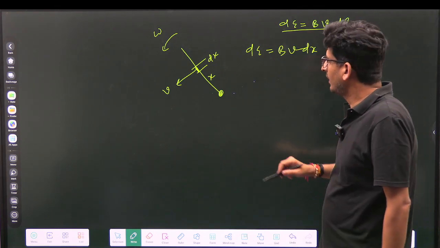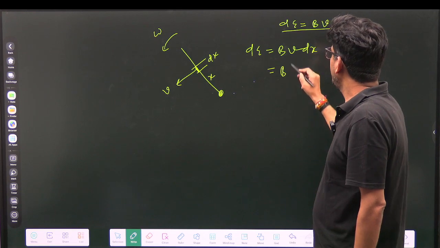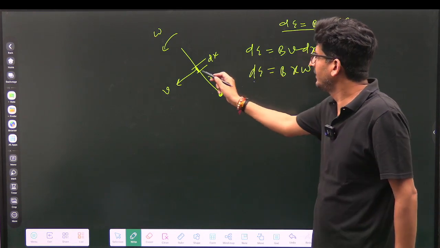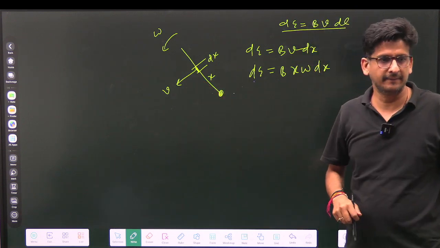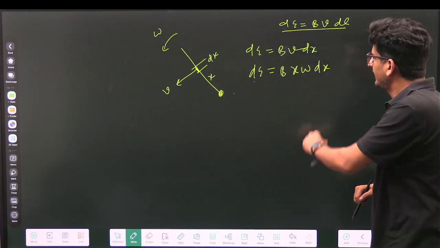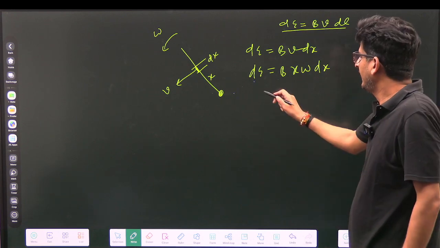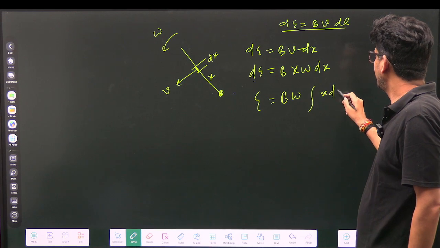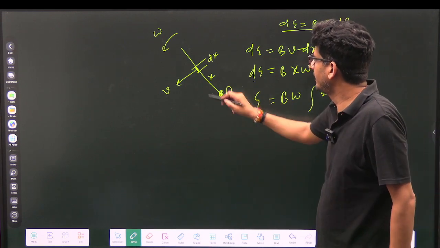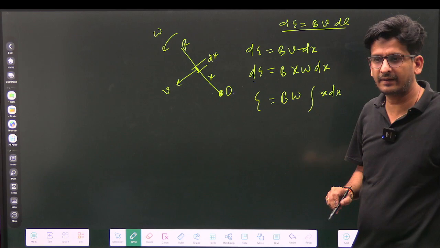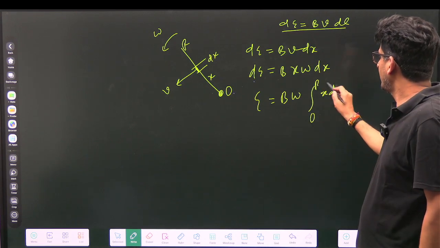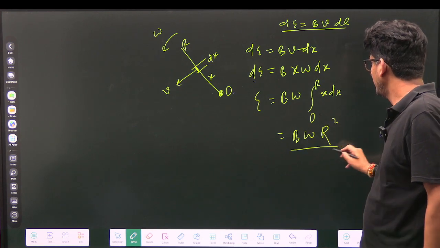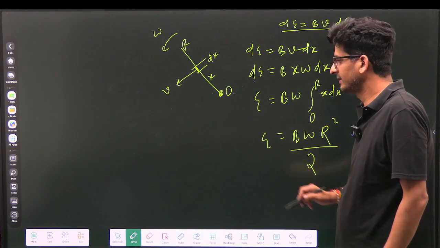Okay, now v is equal to x omega, because v is equal to r omega, so this will be B x omega dx, and the total EMF will be B omega integral x dx. Suppose this is the center and this is radius capital R, so it will be from 0 to R, so it will be B omega R square by 2. This is the EMF, correct?